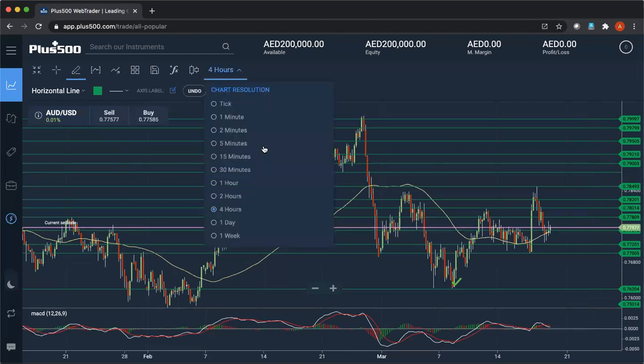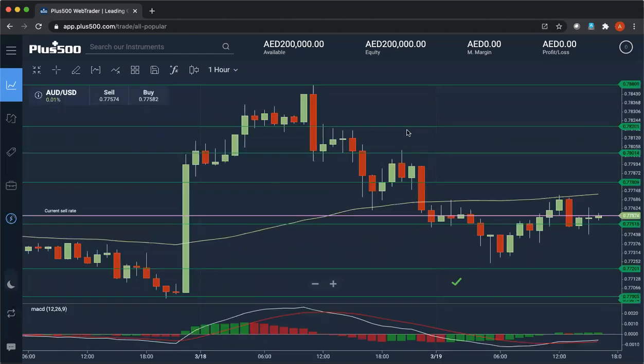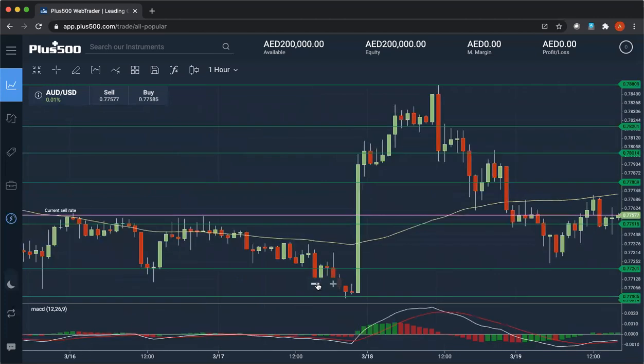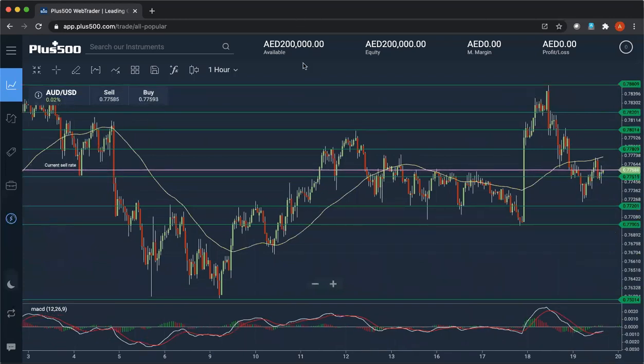Now I will go to the 1 hour chart. In the 1 hour chart, it is easy to analyze and identify. This much is enough, okay? You can see how it's reacting here.